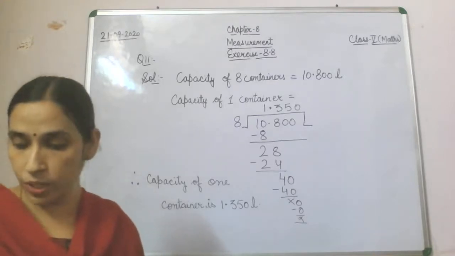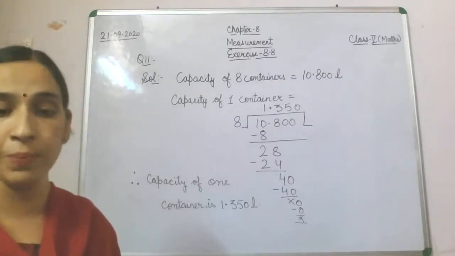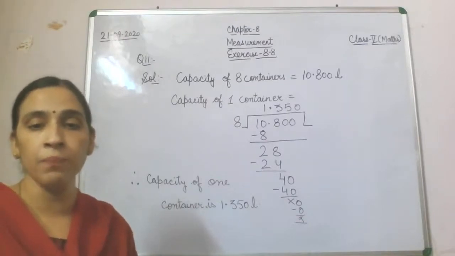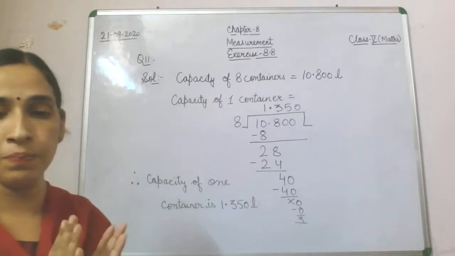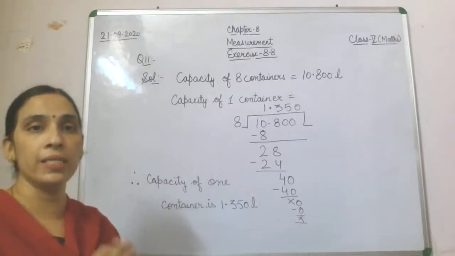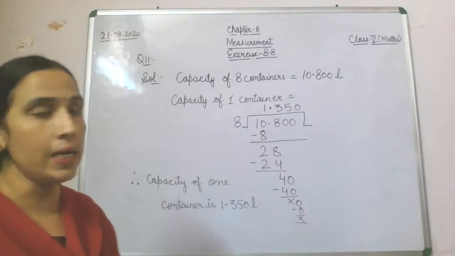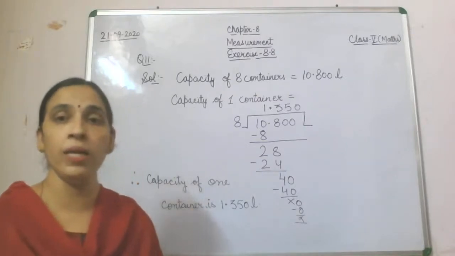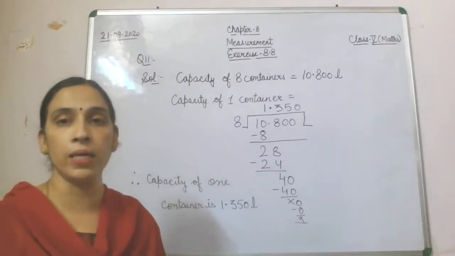So let's see what the question is. The question is given that Mahmood filled 8 containers equally by the total engine oil, that is 10.800 liters, and you are supposed to find out how much oil will be filled in one container.